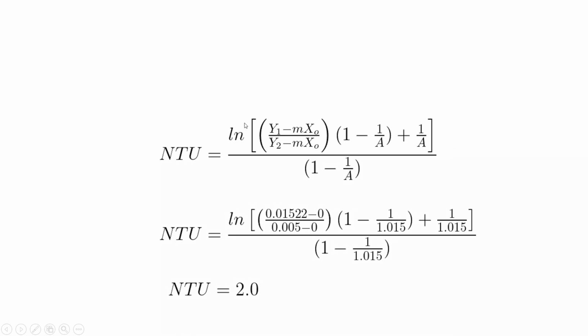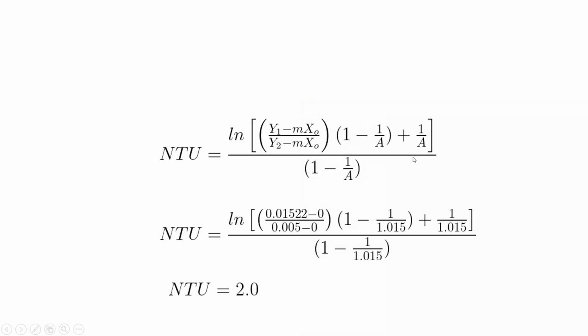NTU is equal to ln of y1 minus m x naught, upon y2 minus m x naught. Actually it is the equilibrium, y1 minus equilibrium upon y2 minus equilibrium. What is x naught? X naught is the mole fraction of the solute in the solvent entering, right?